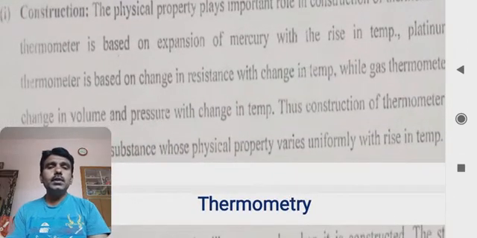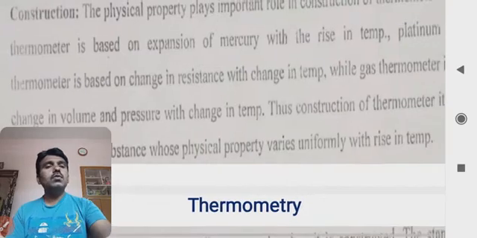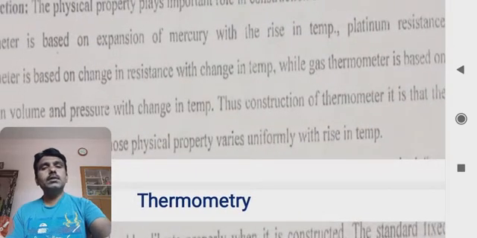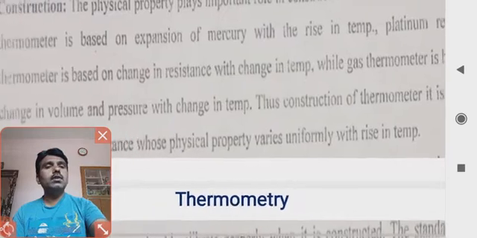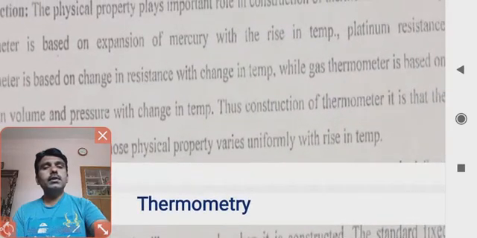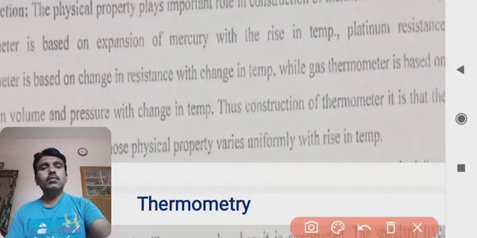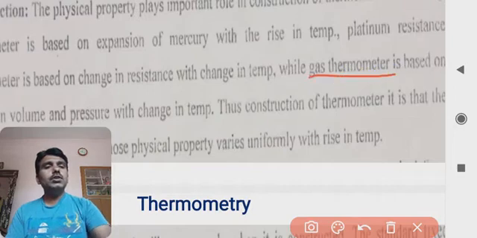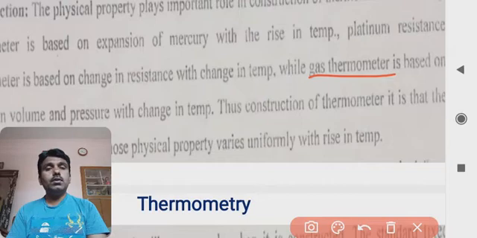The thermometers made with platinum resistance are dependent on the change in resistance. Also there are gas thermometers, and these are based on the change in volume and pressure with respect to temperature.